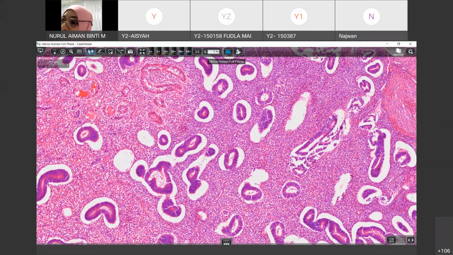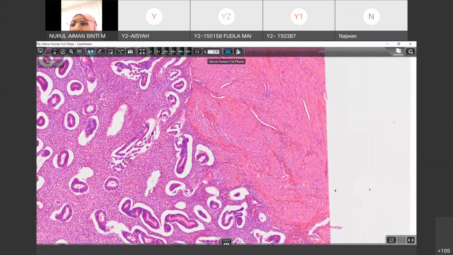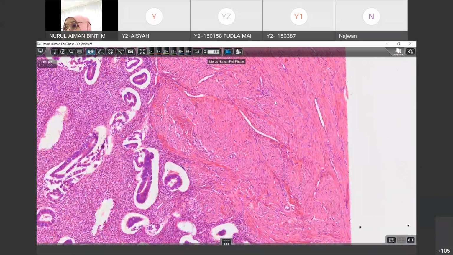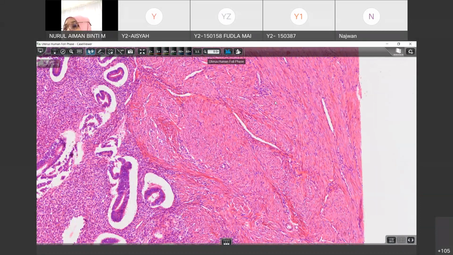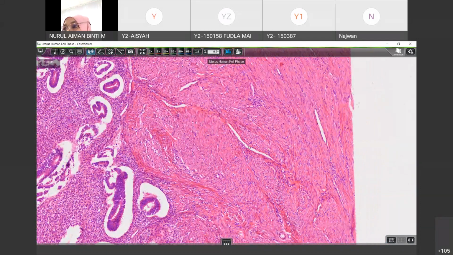So look at the muscularis layer, the myometrium. The myometrium inside the uterus has a haphazard or whirling arrangement. A lot of the muscle is not really well arranged.